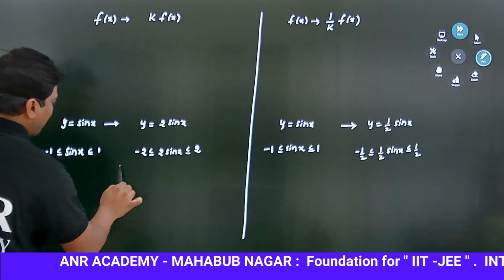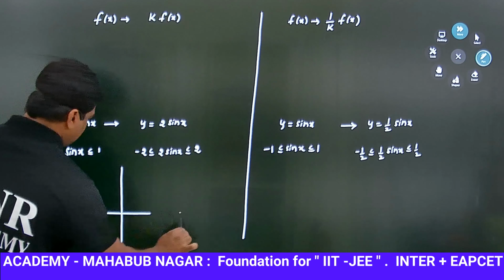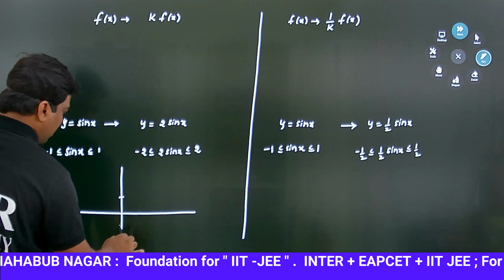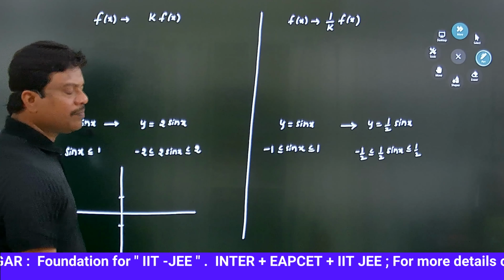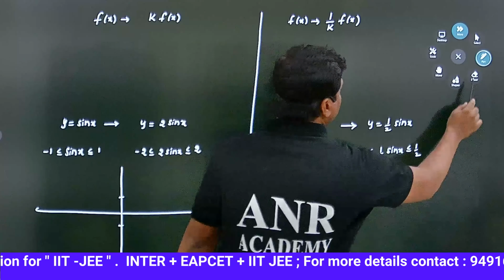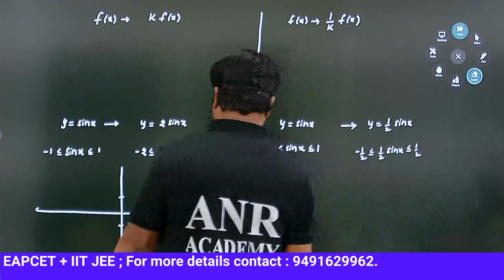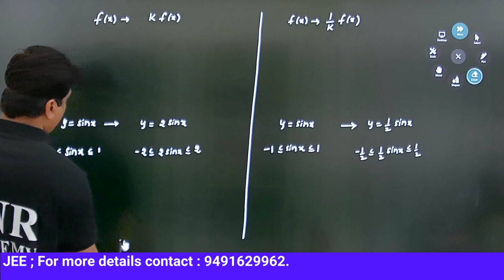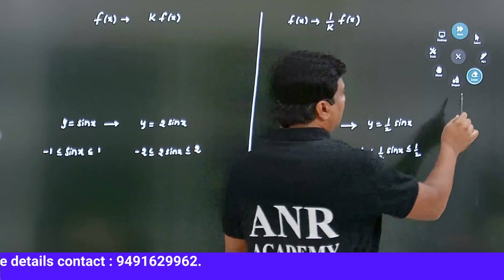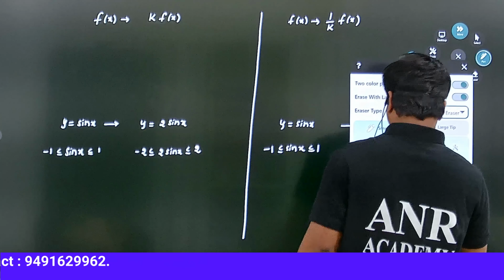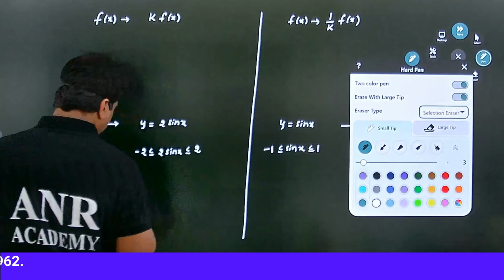You know the graph of sin x that exists in the interval minus 1 to 1. First draw the graph of sin x and then go for 2 sin x.